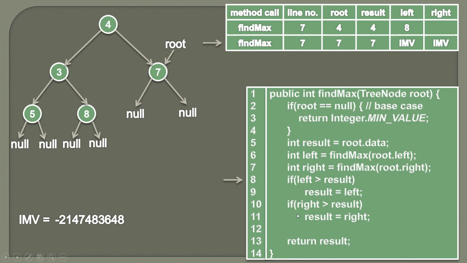So these two conditions will come out to be false, because left is not greater than result and right is also not greater than result. So both conditions come out false, and we'll simply return 7 from this findMax method, because 7 is the maximum value of the right subtree for the actual root. So this method will return 7.